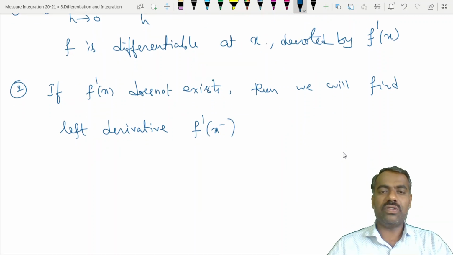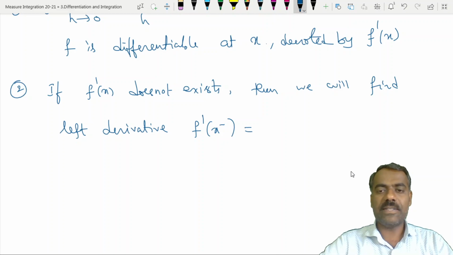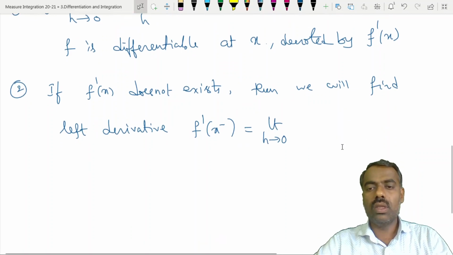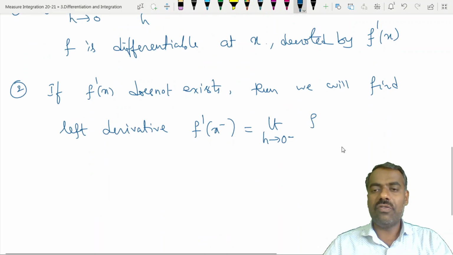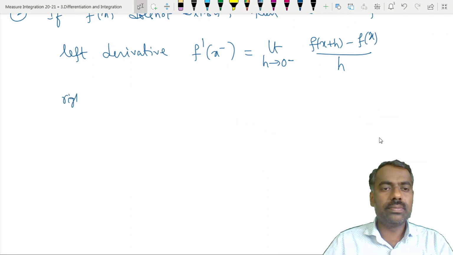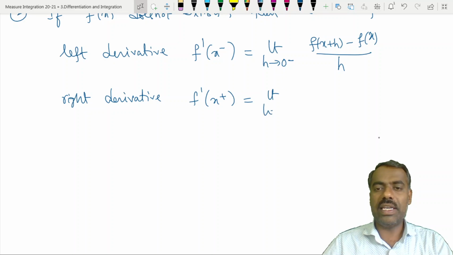It is defined as the limit h tending to 0 minus of f of x plus h minus f of x upon h, and the right derivative, f dash of x plus, is the limit h tending to 0 plus of f of x plus h minus f of x upon h.